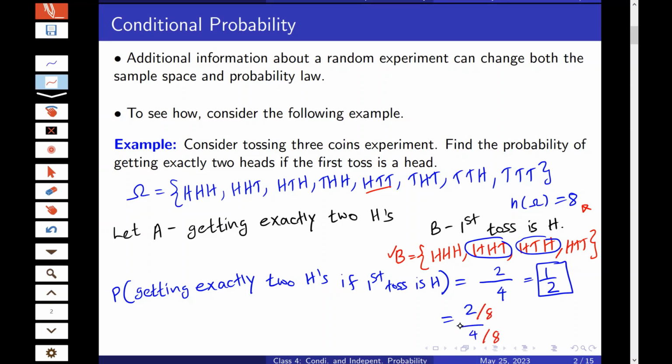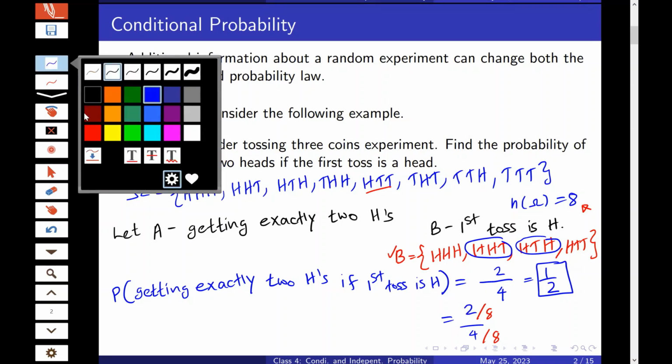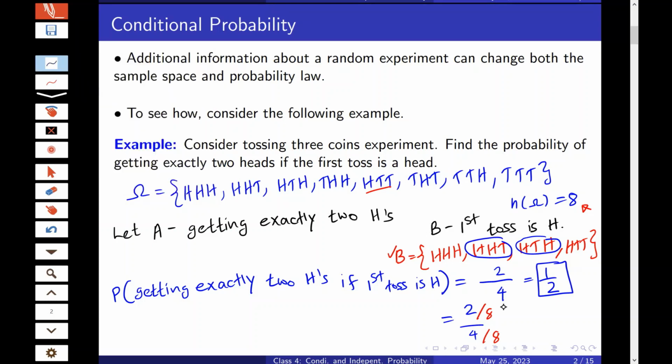Dividing the numerator and denominator by the same number does not change anything. Now this part I can write as probability of A intersection B, and the denominator is probability of B. And this side I can denote like this: A given B.